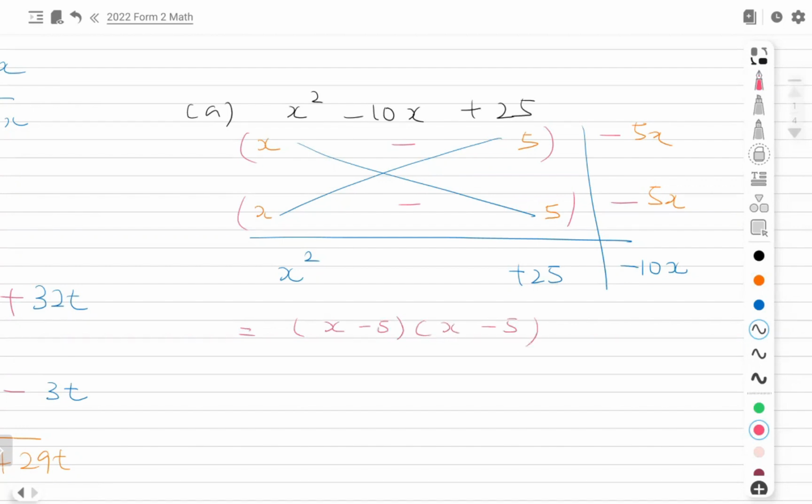Page what? Oh, page 6, sorry. I forgot to tell you. Page 6, section B. Or x minus 5 in bracket square. Yep, can. x minus 5 in bracket and then square it. Yes, can.